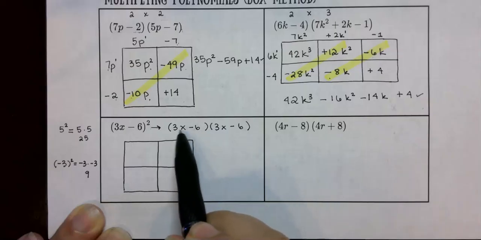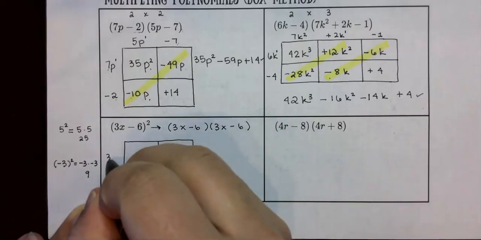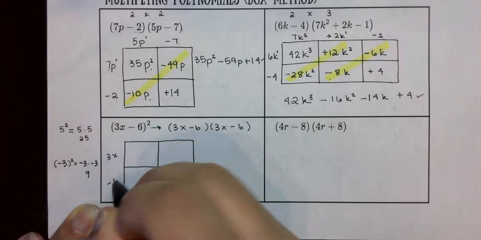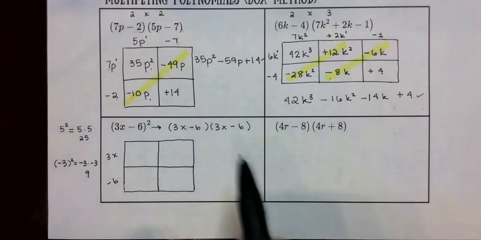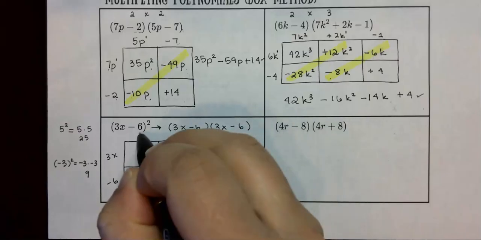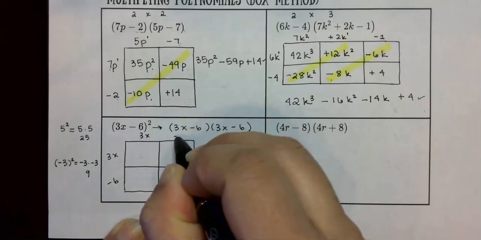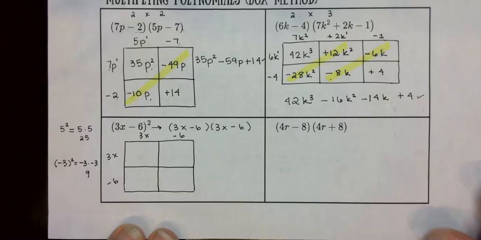This 3x minus 6 needs to go on the same side, and the other 3x minus 6 will also go on the same side. If they belong to the same parentheses, they need to stay together on the same side of our box.